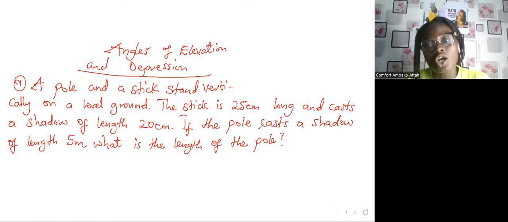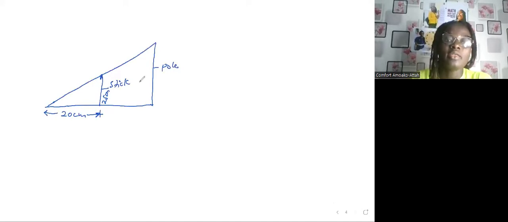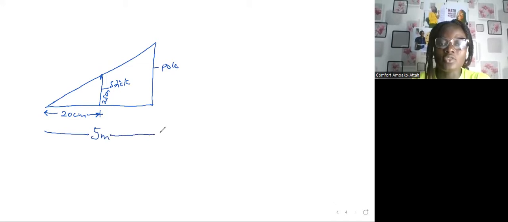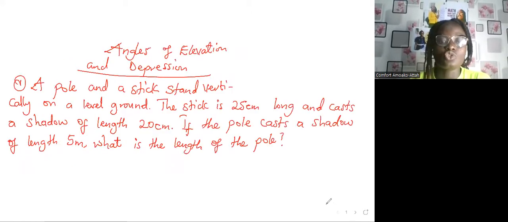If the pole also casts a shadow of length 5 meters, so now let's go to the pole. This is the pole, and this is the shadow, and it's saying that it also casts a shadow of 5 meters long. So this is the shadow cast by the pole. What are they now asking us to do?